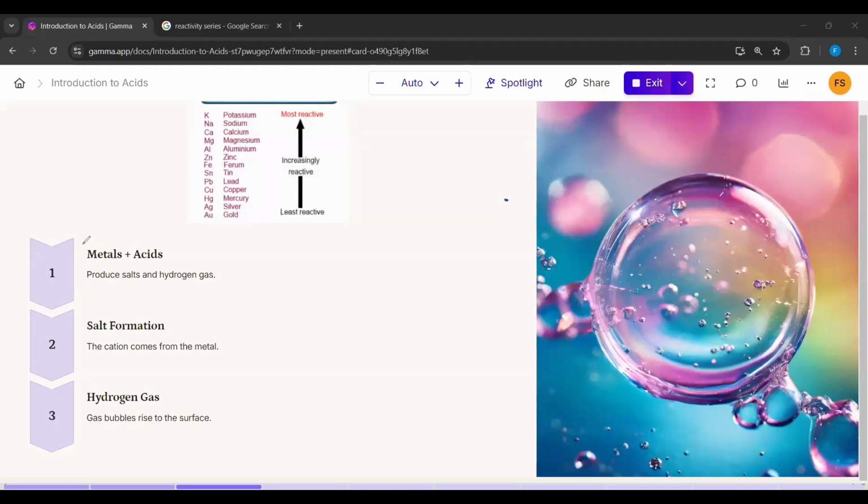Remember, when metals react with acid, they produce salt and hydrogen gas. You can write the reaction like this: a metal reacting with an acid will give you salt plus hydrogen. Fine? Is this clear?